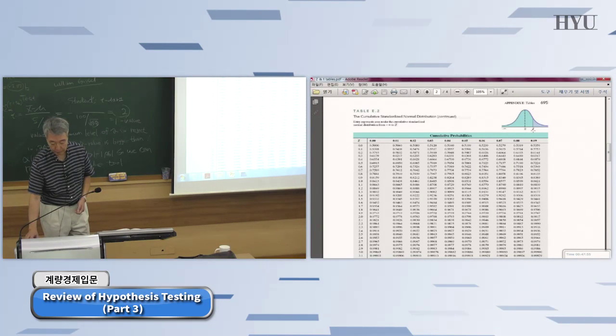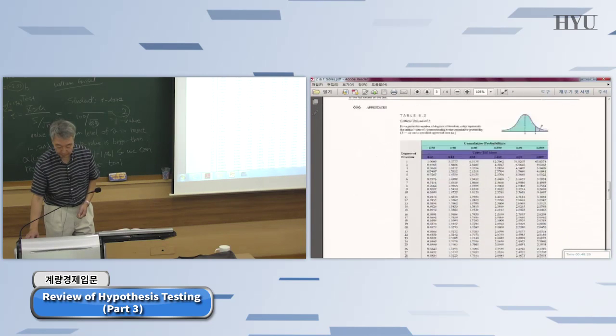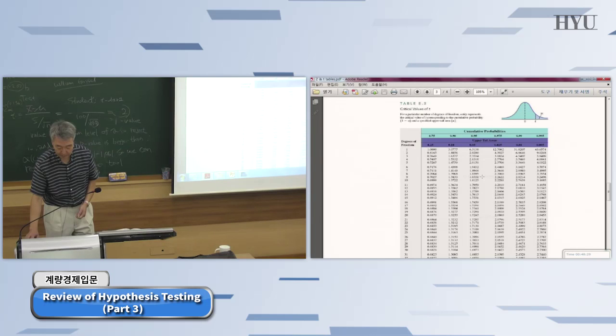For example, if you had a z-score of 1.28, you would look for 1.2 here and 0.08 here. Coming down, that's going to be something like 0.8997, almost 0.9. So what you have on the margins are z-scores, and the numbers inside the table are the size of the area. That's the Z table. The T table is completely opposite.